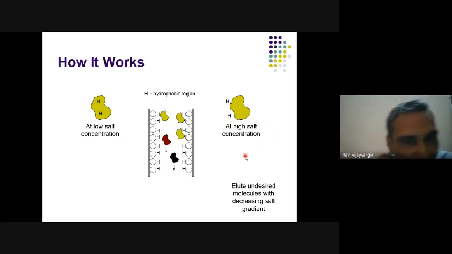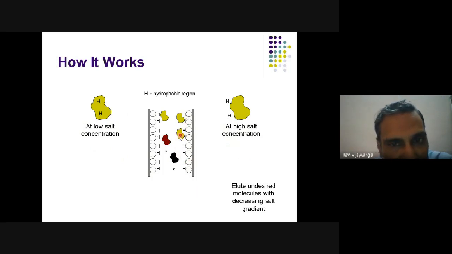At low salt concentration, when salt is less, there are more water molecules in the buffer. So the hydrophobic interaction will be minimal, because the water molecules are sufficient to cover all hydrophobic surfaces, as shown in the previous slide, so they will not be interacting. But as soon as you increase the salt concentration in the buffer, the free water molecules are taken away, and now these molecules have no choice but to interact with the hydrophobic residues present on the column.